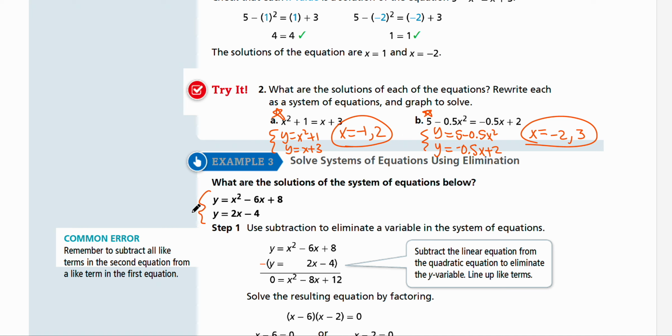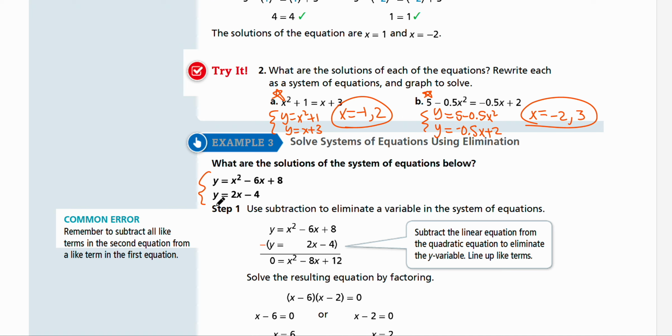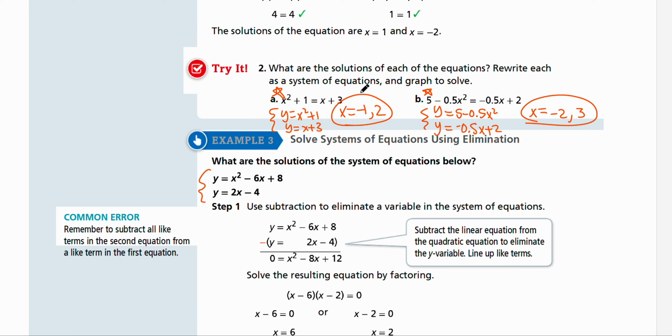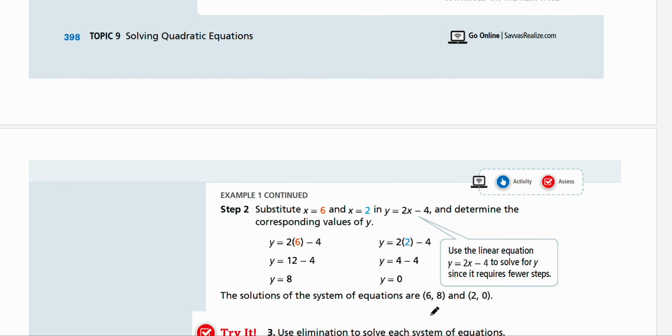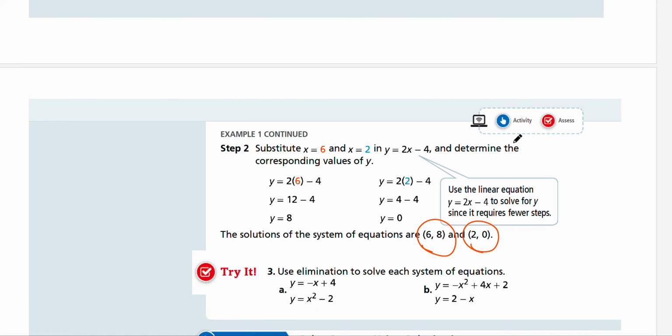But here, we have a system of equations. That means we have to solve for both the x value and the y value. We're not just solving for x, we're solving for both variables, x and y. So we need the full coordinate points. Make sure you know the difference between examples 1, 2, and 3.